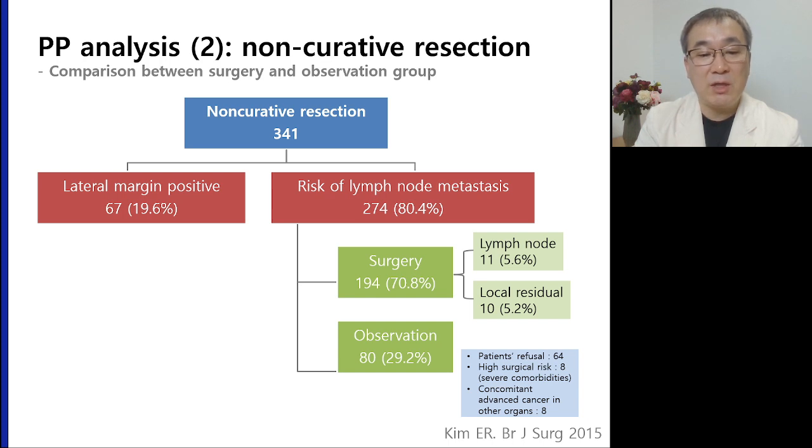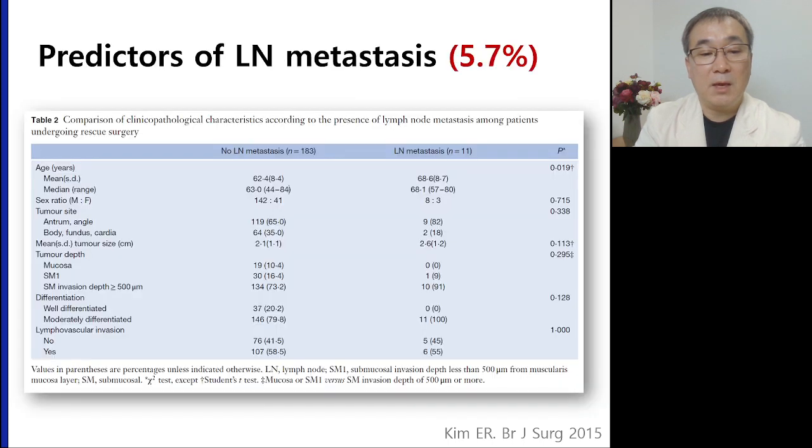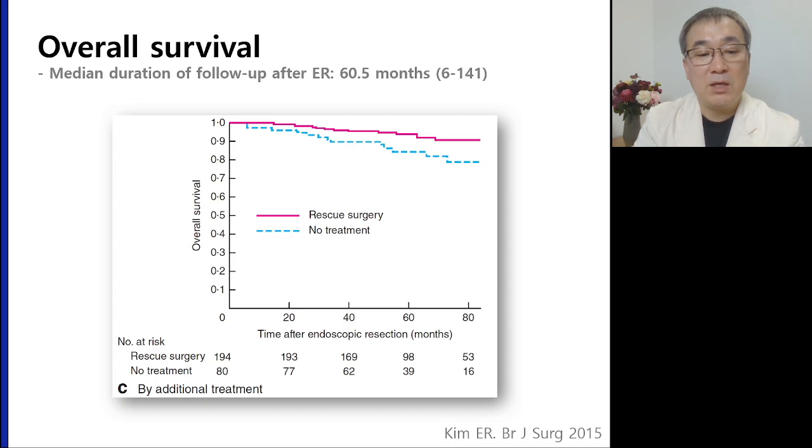In cases with risk of lymph node metastasis, 70% were operated and 30% were observed without surgery. In the surgery group, 11 had lymph node metastasis, which means 5.7%. In terms of the overall survival, additional surgery was related with better outcome.